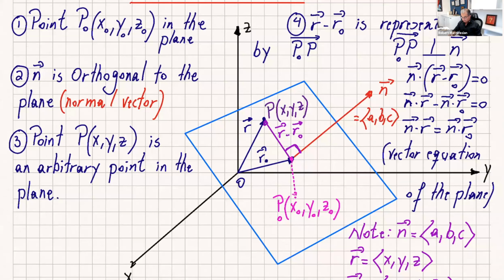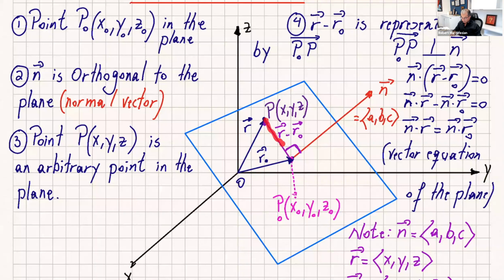That's the position vector for the point P0, or it's the vector OP0. Now if we do r minus r0, that vector minus that vector, we get this vector, and this vector is in the plane.